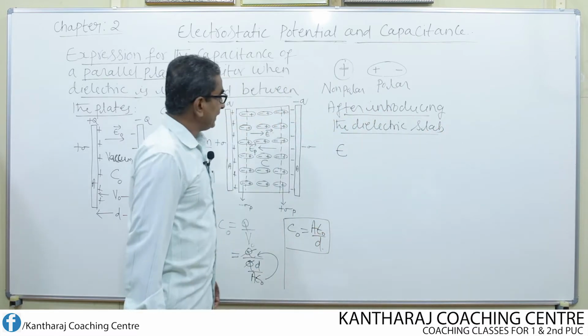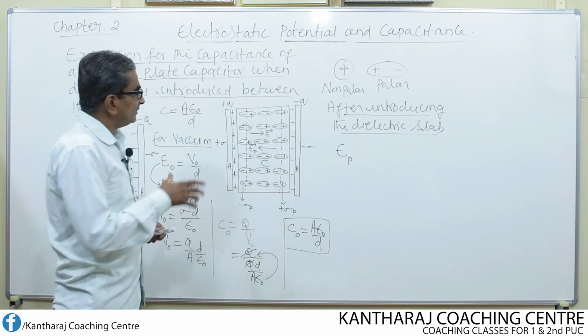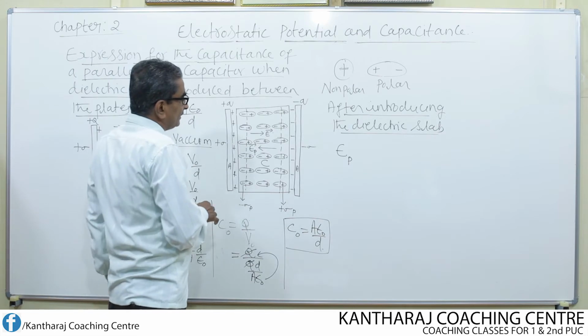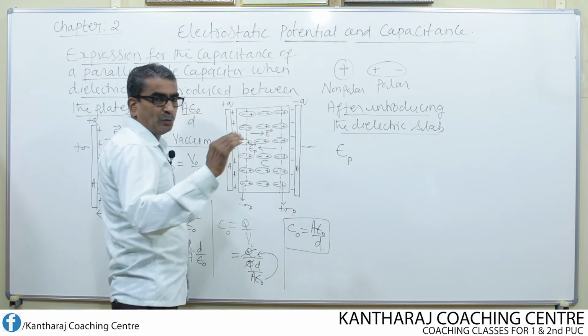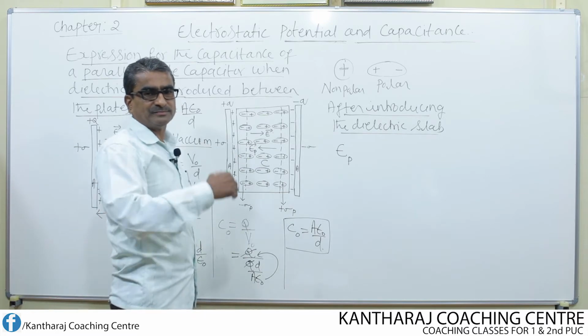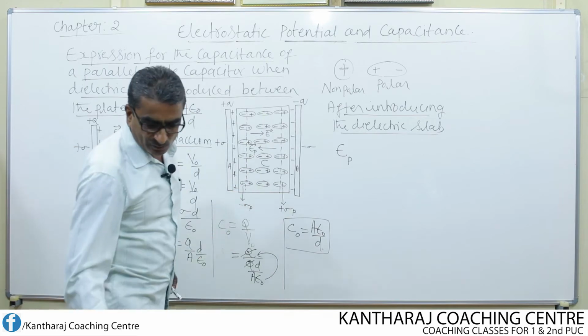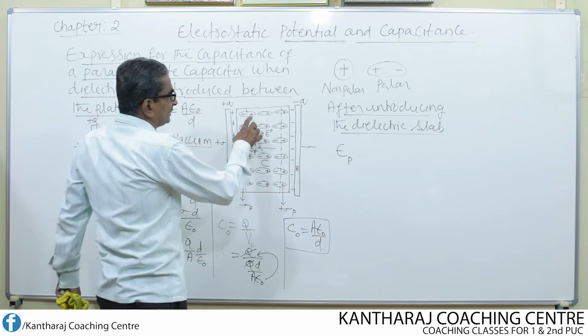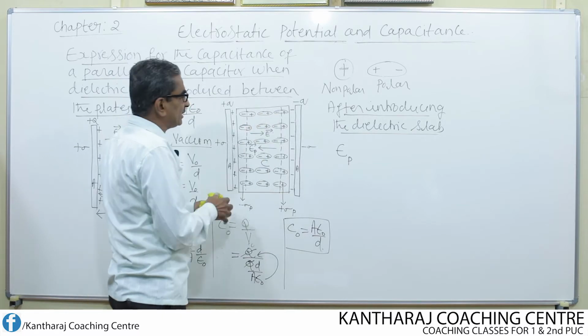Let EP be the electric field. What is this EP? Look here. Now, inside the dielectric, one more electric field is set up because of polarized charges. What about these charges? This positive charge is very close to the negative charge. This positive charge is very close to the negative charge.